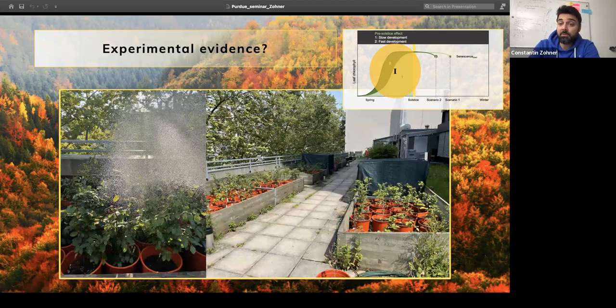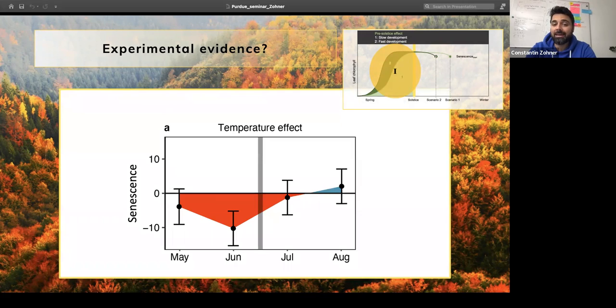We can also test this with experiments, so we can modify temperature at different times of the year. When I did that, I basically saw the same pattern: in May and June, a reduction in photosynthesis had the strongest effect on autumn senescence, whereas in July and August, we didn't have significant effects anymore.